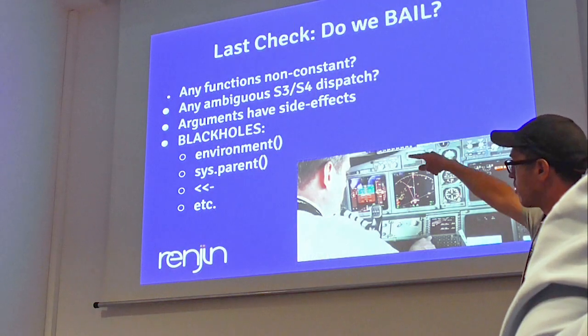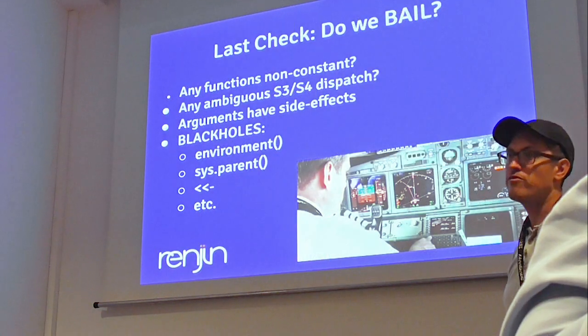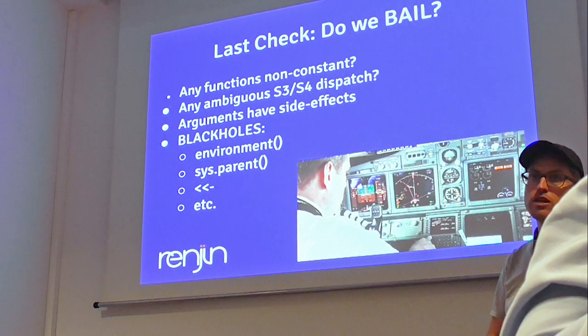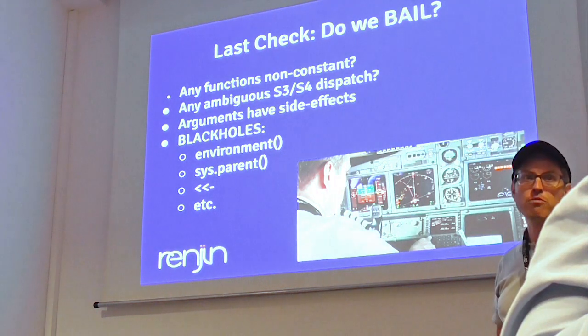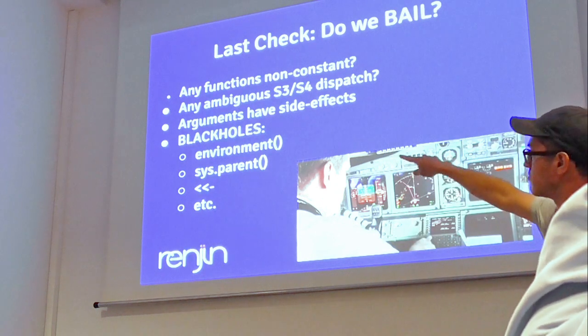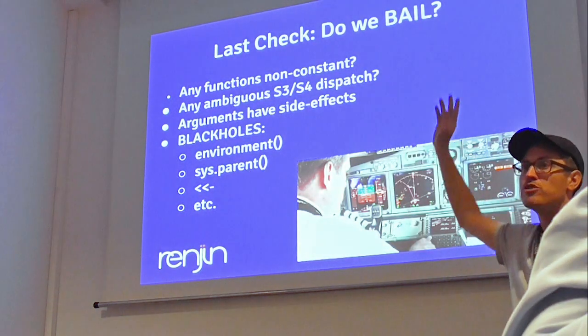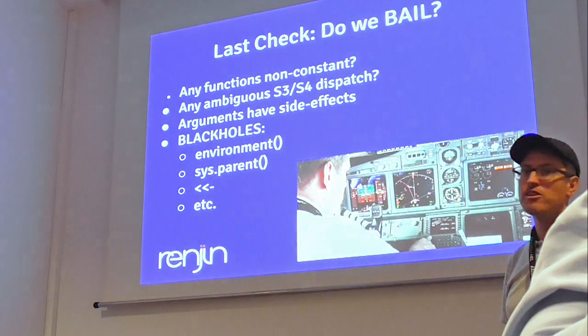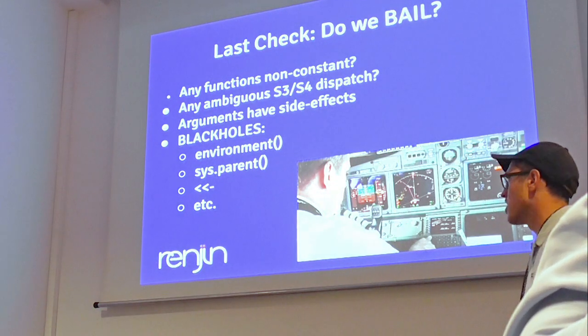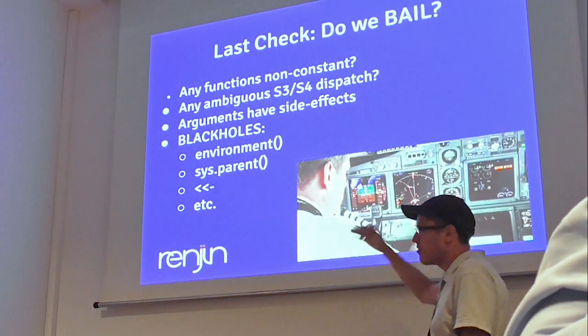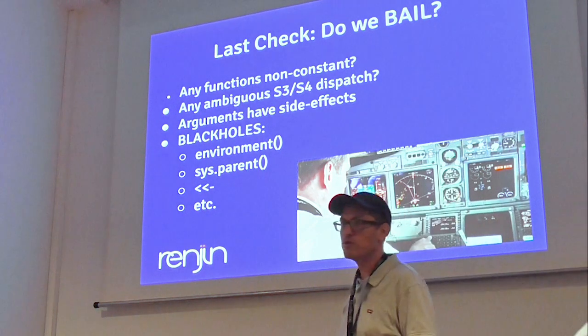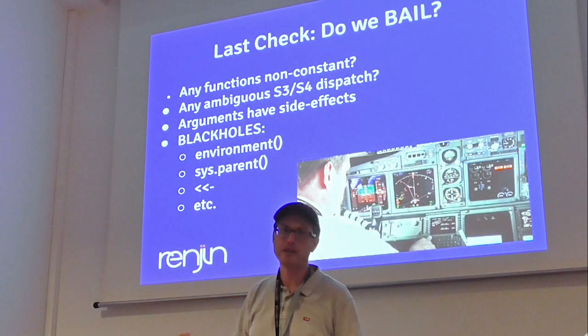Then there are what we call black holes: certain functions that completely undermine our ability to predict anything. Like the environment functions, where suddenly the environment is floating out there and anything can happen, such as sys.parent or reassignment. But there's a finite number of those, and if we encounter them, then we bail and go back to the interpreter.